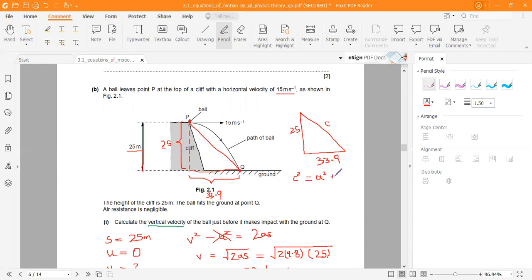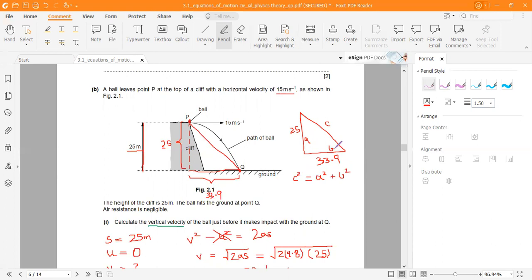So if these two sides are basically A and B respectively, then C square is equal to A square plus B square. So square of this plus 25 square. You will get 42.